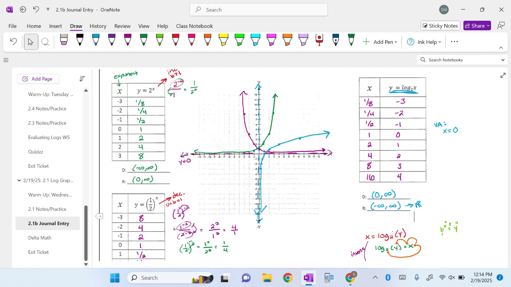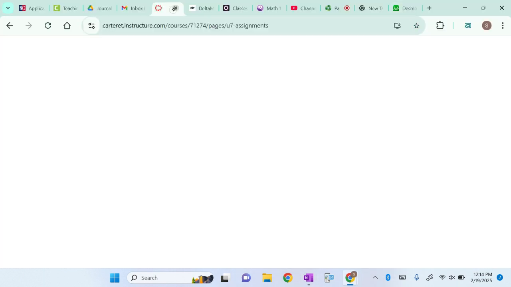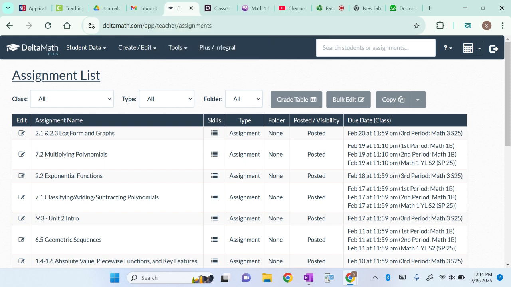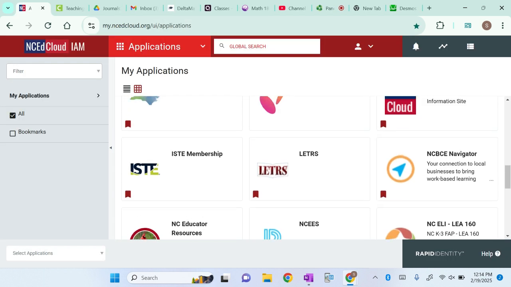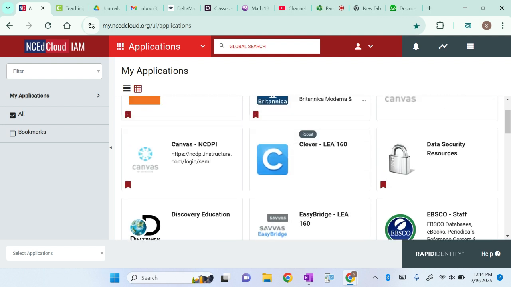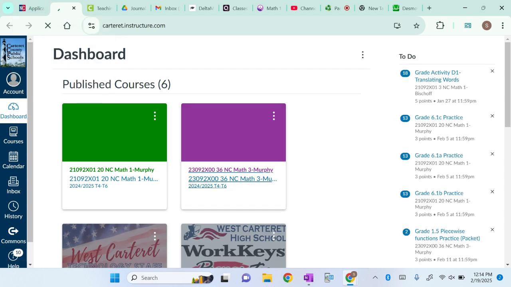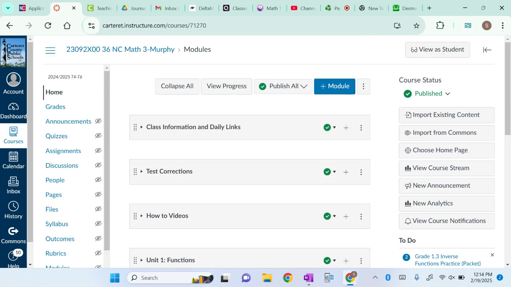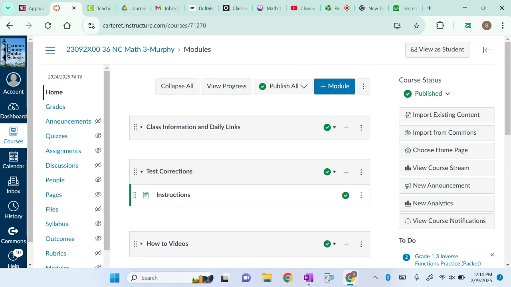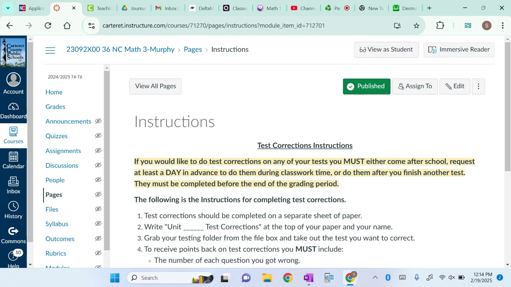Can you go over test corrections? Yes. Okay, so the way test corrections are going to work, and I should have the testing box ready by tomorrow, but in Canvas, if you're looking at my Canvas page, I have a module that's solely given to test corrections, and the instructions are posted in Canvas.